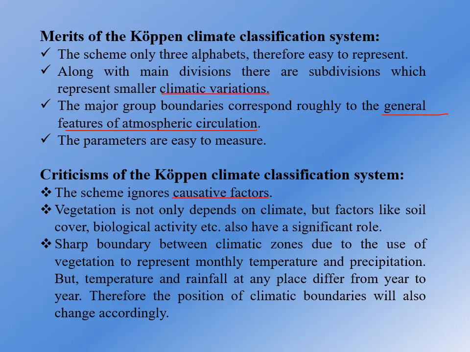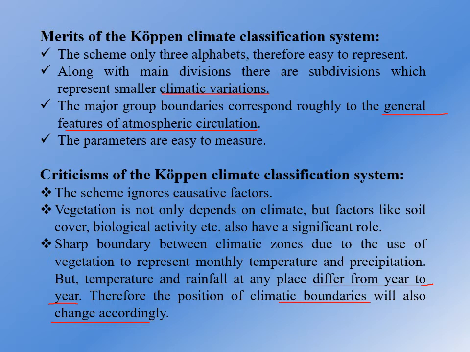So the positions of these climatic boundaries will also change accordingly from year to year, as the climatic condition of any area is not fixed from one year to another. So thereby, the climatic boundaries may also shift their position from one year to another.